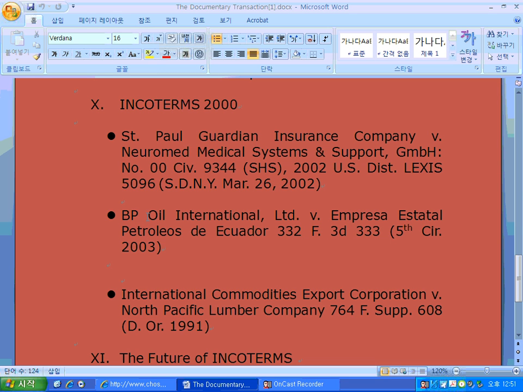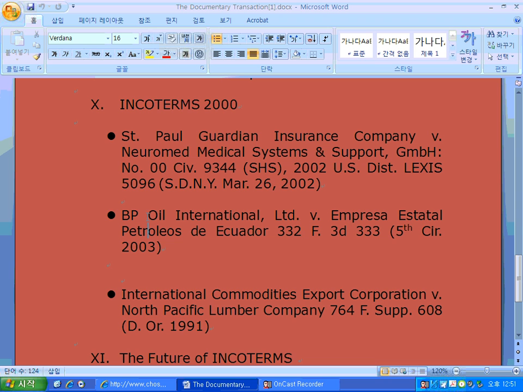So you have points that highlight the issues and rules of this case. 4 items, and let them go for your review. And in BP Oil International Ltd versus Empresa Estatal Petroleos de Ecuador, you may find 4 points.